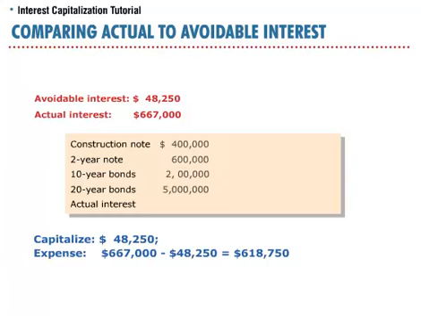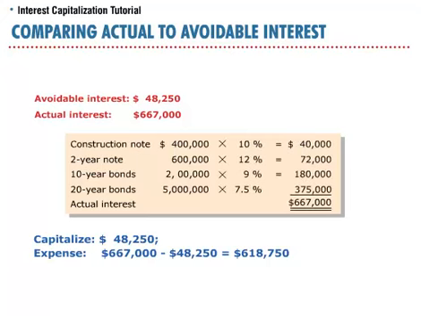For example, Bucky Company has the following debt outstanding. We multiply this debt by the related interest rate, and the sum of these amounts equals the actual interest for the year. Because the actual interest is greater than the $48,250 avoidable interest, we capitalize only $48,250 and expense the difference.